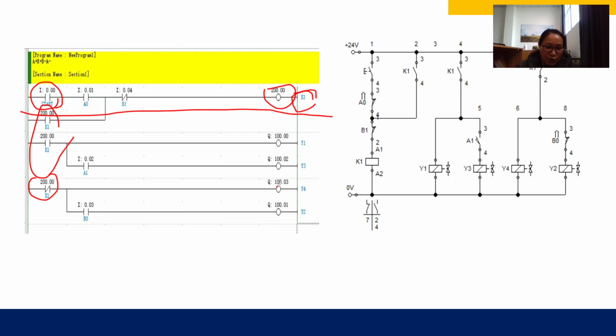In this program, Y1, Y3, Y4, Y2 are output. And A0 is connected to 0.01. A1 is connected to 0.02. B0 is connected to 0.03. B1 is connected to 0.05. This is input.